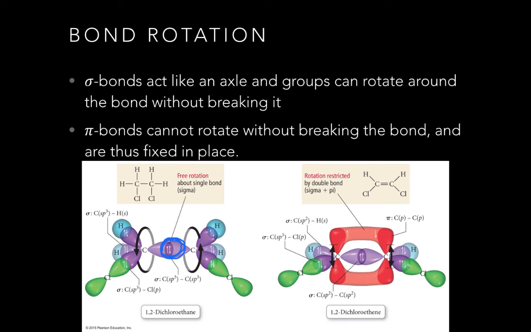Now pi bonds, on the other hand, are fixed in space here and here, and if we were to rotate one of those carbons, we would move those pi's out of alignment of each other and the pi bond would break. And so as a result, the rotation for anything with a double bond is restricted due to that pi bond. Anything with just a sigma bond can actually rotate around in space.